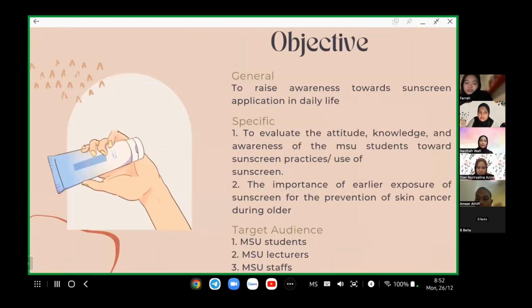Okay, so the objectives are to raise awareness towards sunscreen application, and also to evaluate their attitude, knowledge, and so on. I would say that our objective was achieved, since we got a lot of responses through the poster posting, and there are a lot of our friends who are interested to join the booth and to gain knowledge from this event.